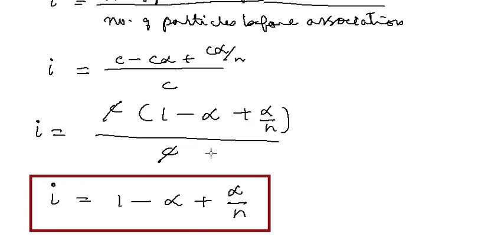I hope it's clear with everyone, and there are just some small points that we need to also consider regarding the degree of dissociation and the Vant Hoff factor. Let's look into this.